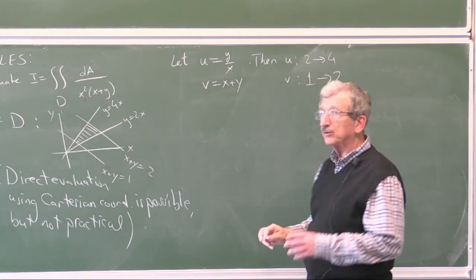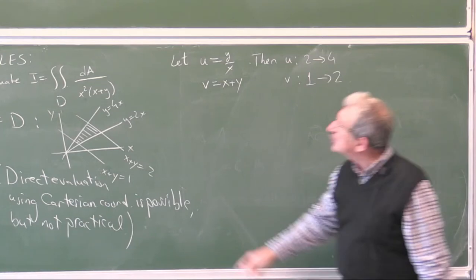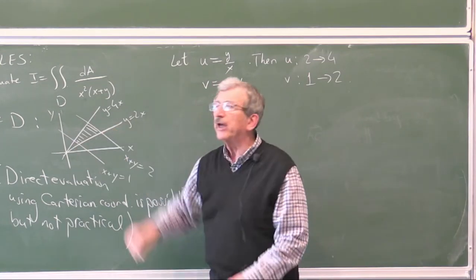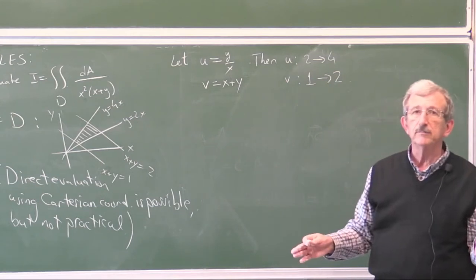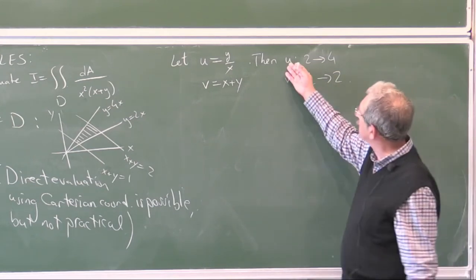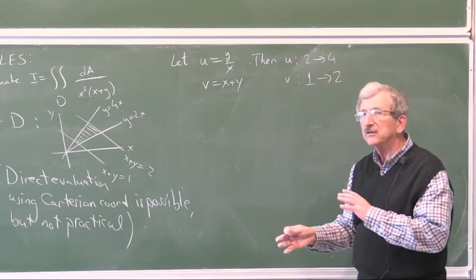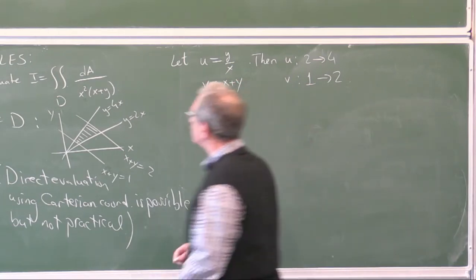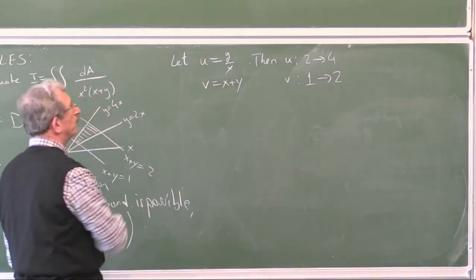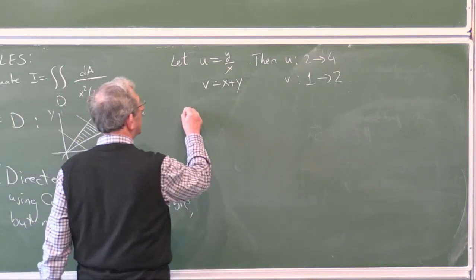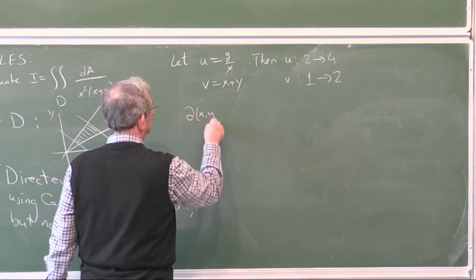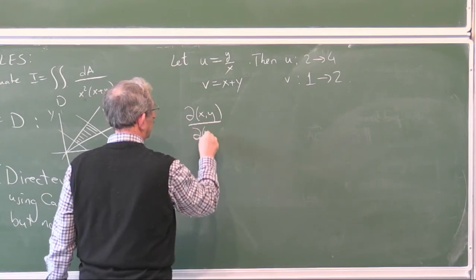In other words, this transformation changes this strange-looking piece D into a nice rectangle, because they change between constants. Well, with this transformation, of course, we need to calculate del xy by del uv.